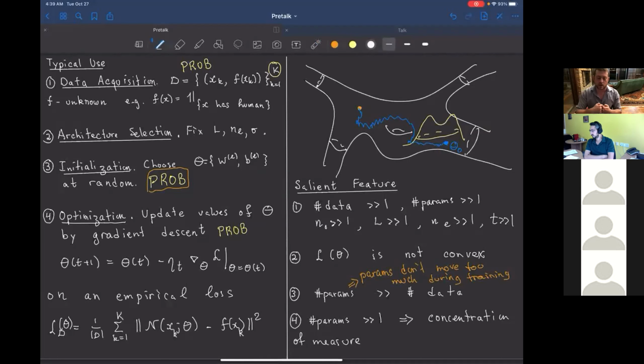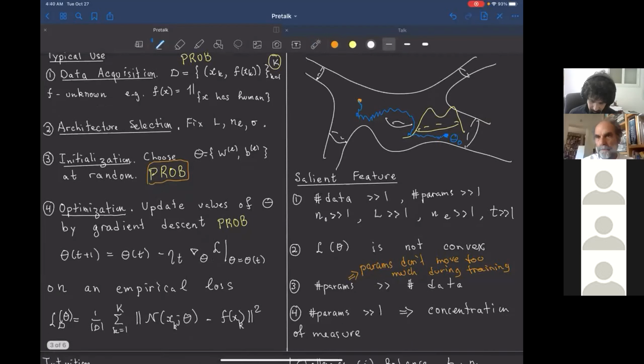If you have 1 million parameters and you're trying to fit 3 equations, you don't have to move each parameter too much to fit the equations. There's a ton of room there. So this is additional motivation for why one would be excited about studying the case where you're starting training at theta 0. The way I drew this long optimization trajectory is just because I prefer to be theatrical. It doesn't necessarily have to be long, and in many cases it isn't. That's a point I should have made but didn't.